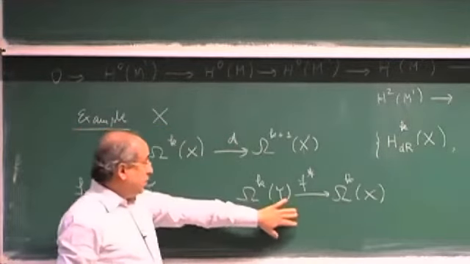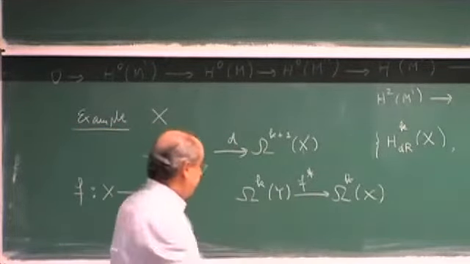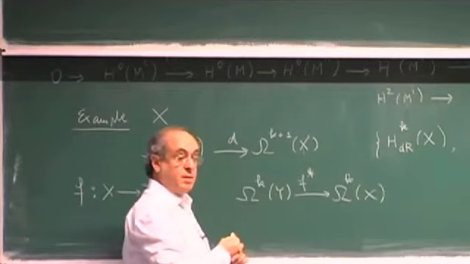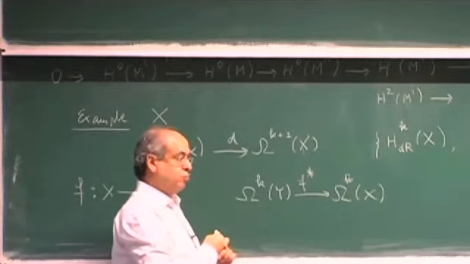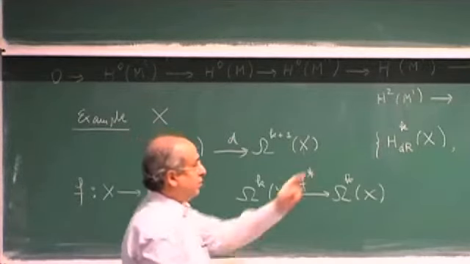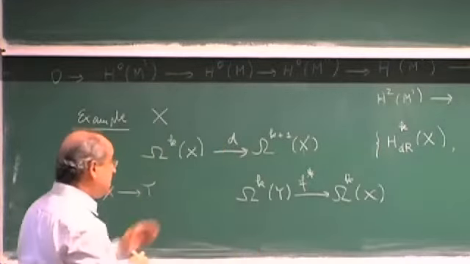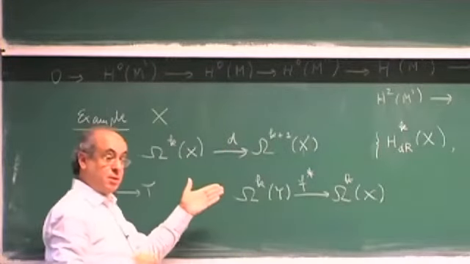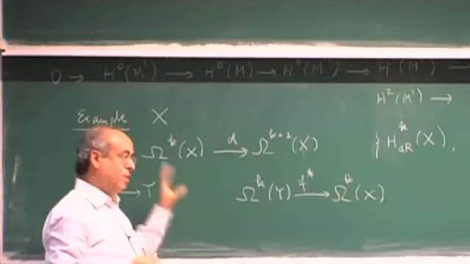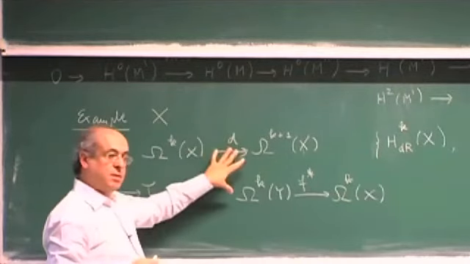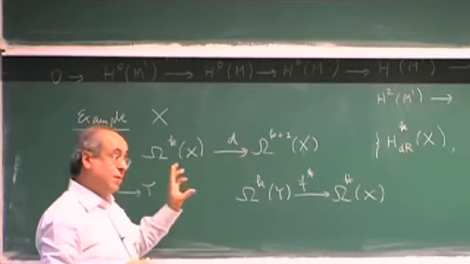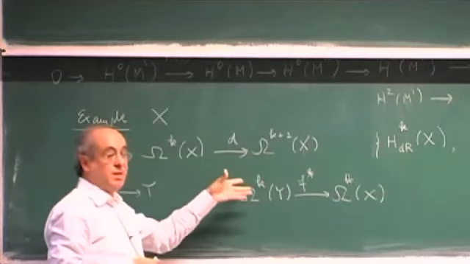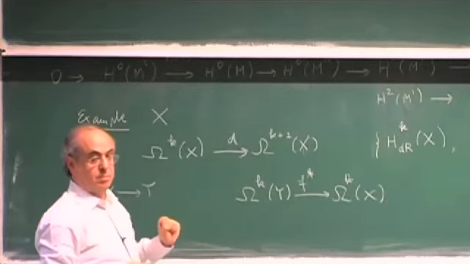This is an example of a morphism of complexes, since this commutes with d. In this sense, de Rham cohomology as a functor from the category of differentiable manifolds to the category of complexes is a contravariant functor.